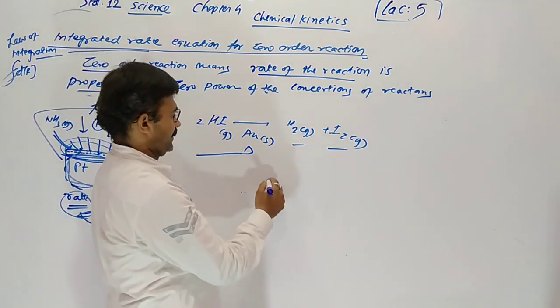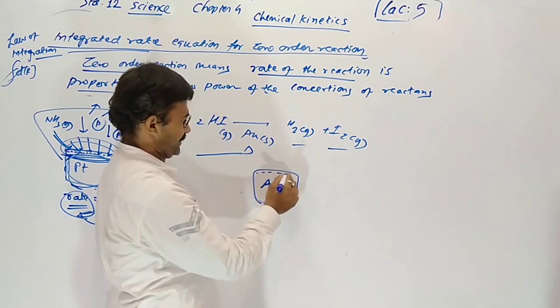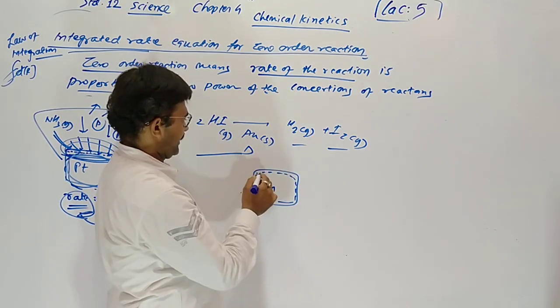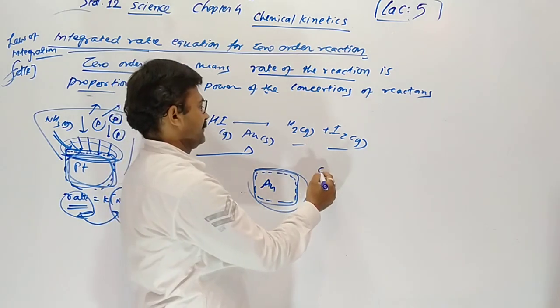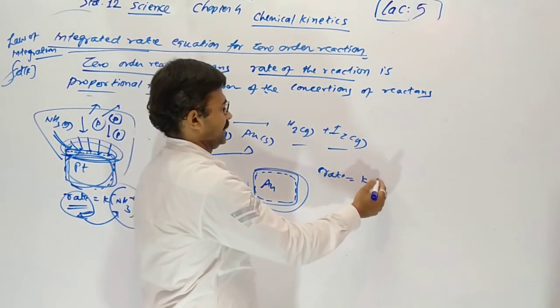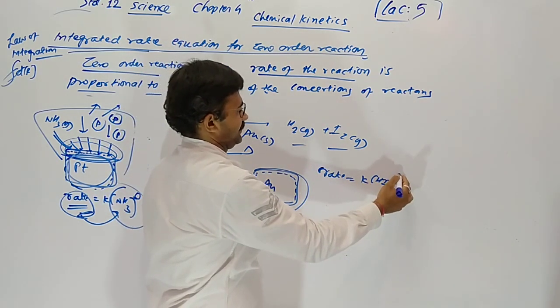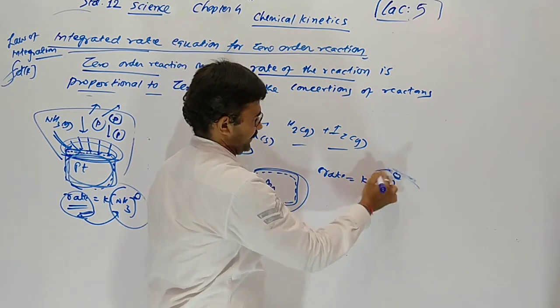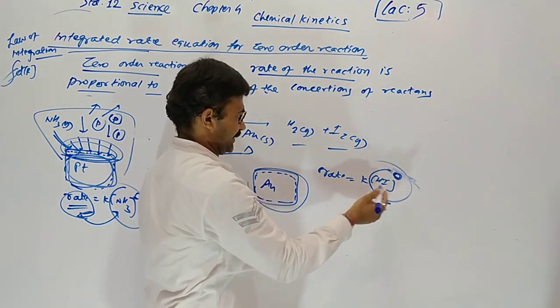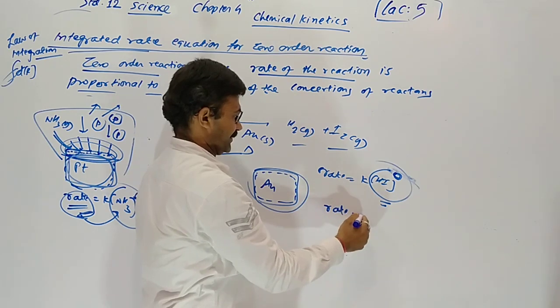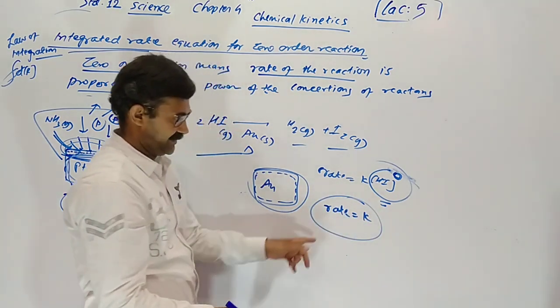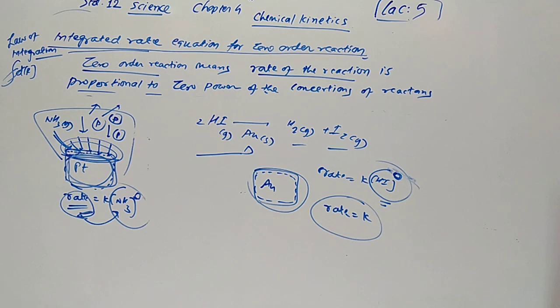Why? Once the surface is filled by HI, when we increase the amount of HI, the rate is independent of the concentration of HI, so the rate became zero order. So in this case, rate is equal to k. Rate is not depending upon concentration of reactant. So it became a zeroth order reaction.